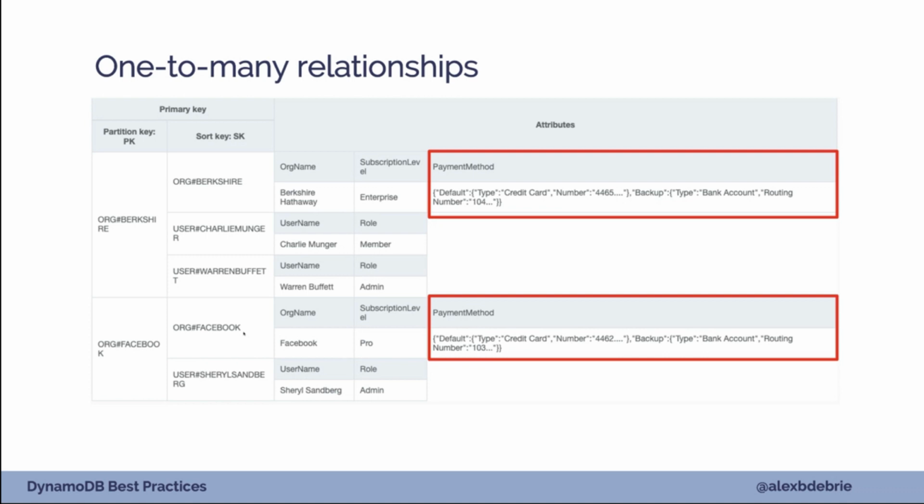Now, you might want to know, when should I use this? I think this is useful if 2 things are true. Number one, you have a bounded number of related items, because there's a 400 kilobyte limit on a single DynamoDB item. So if you could potentially have 1,000 or 1,000,000 related items, you wouldn't want to use this strategy, because you could exceed the size of that particular item.